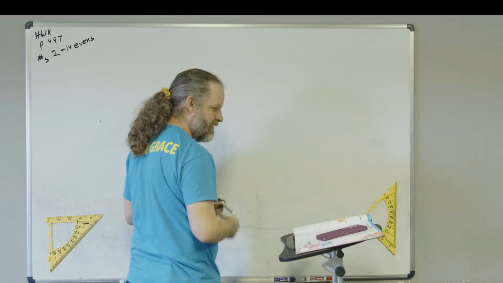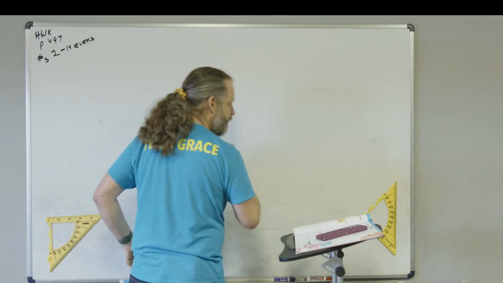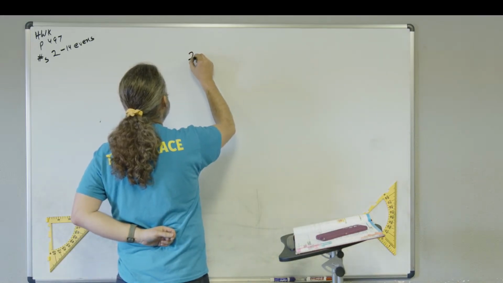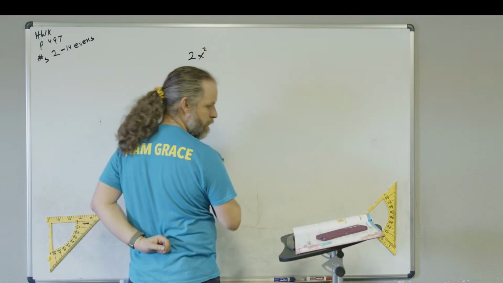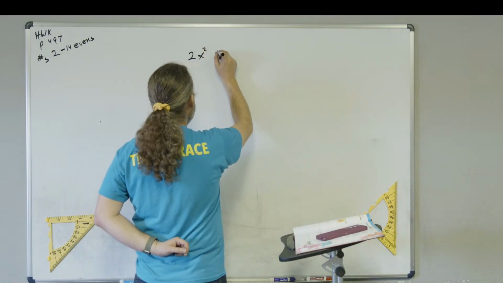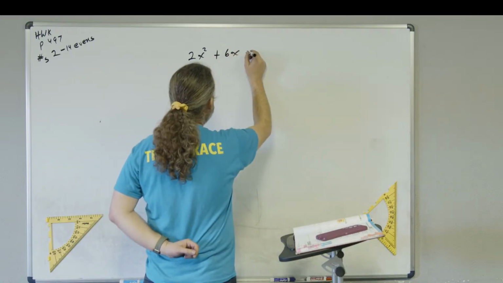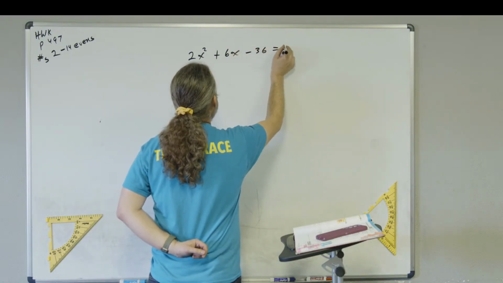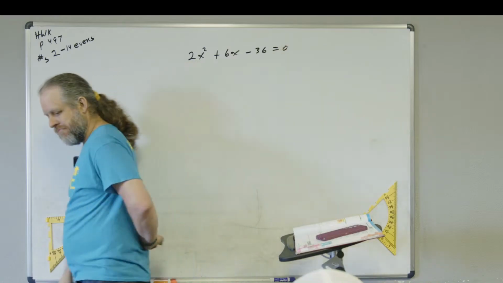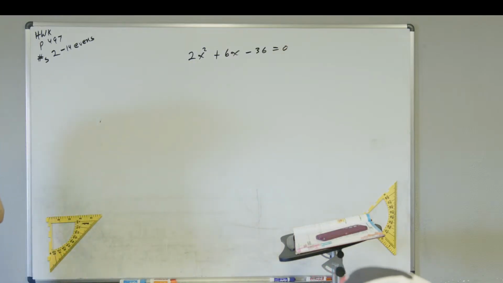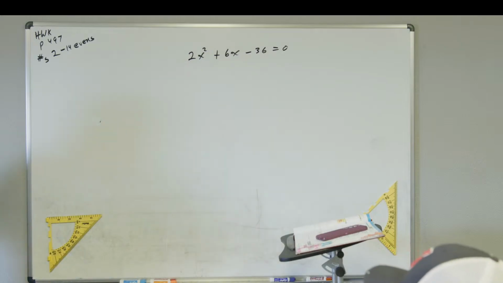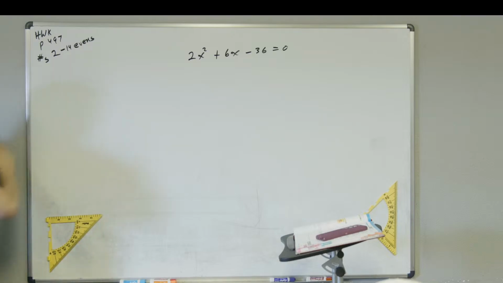We like that. 2x squared plus 6x minus 36 equals 0. Not yet, because I gave you a piece of advice earlier.